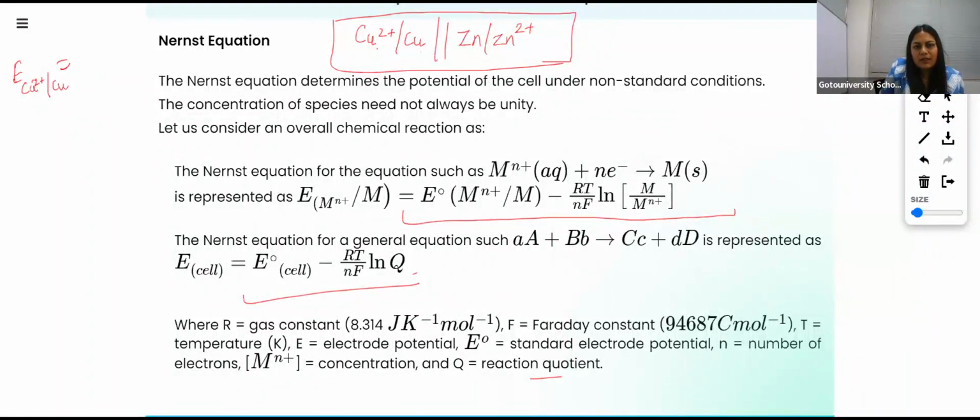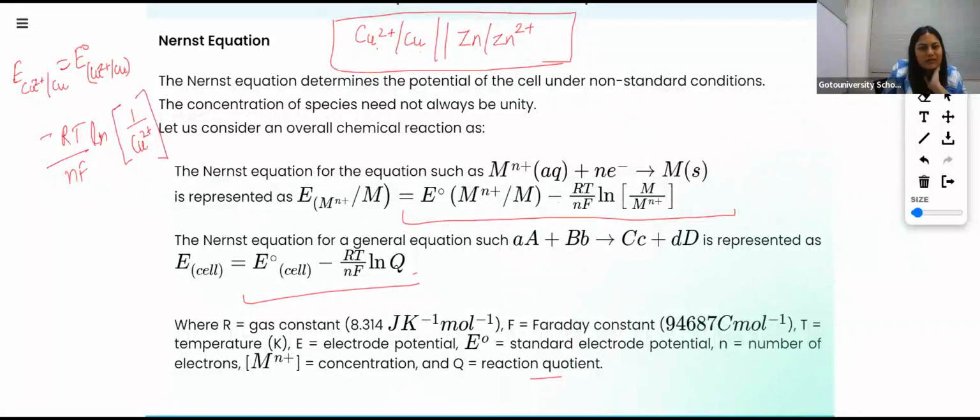That will be E naught for the same cell, copper 2 positive to copper, minus RT by nF natural log, where ln is the natural log, of 1 by copper 2 positive.